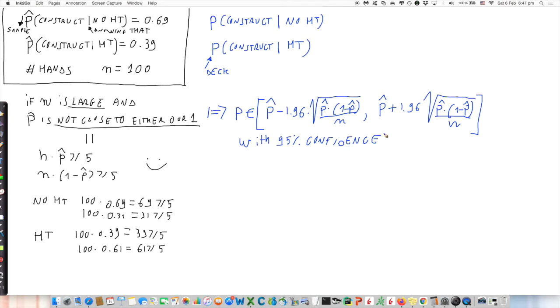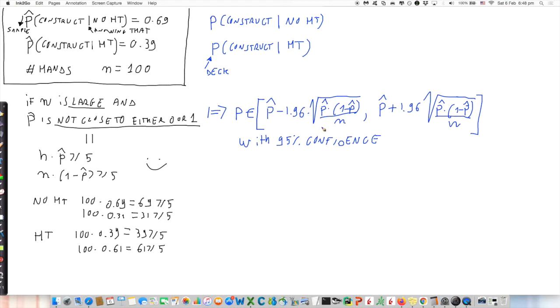Well, when we do that many times, the real probability will be inside 95% of such ranges. I repeat, if we repeat this procedure of drawing 100 hands, and for each one we compute one interval, the real probability that we are looking for will be inside 95% of such intervals.